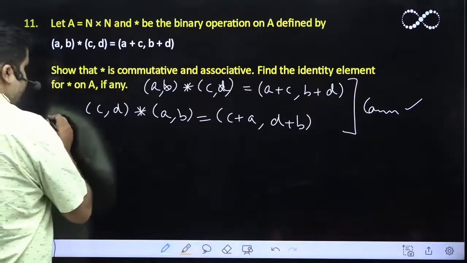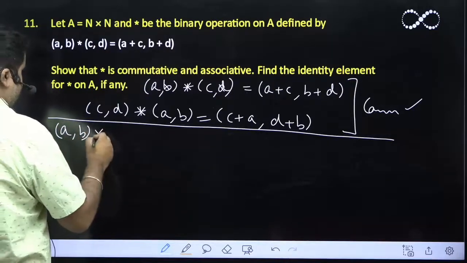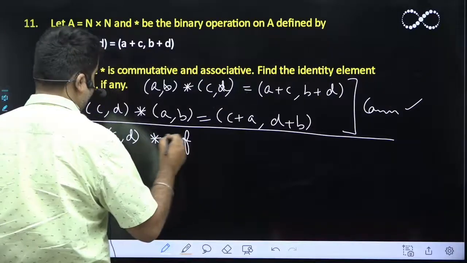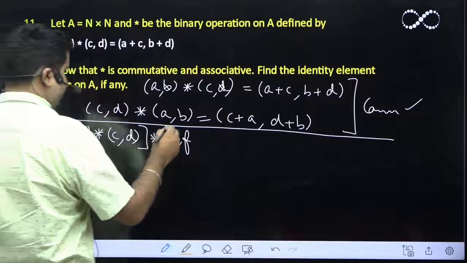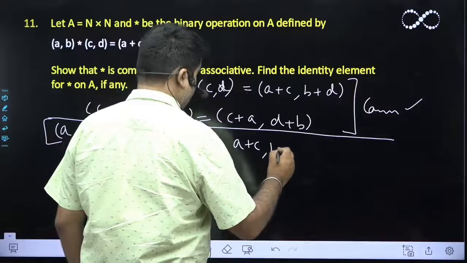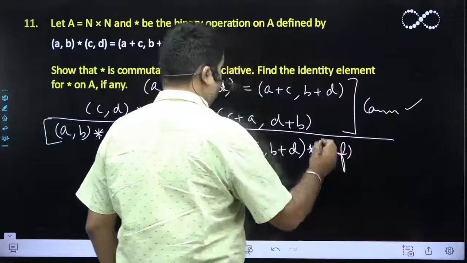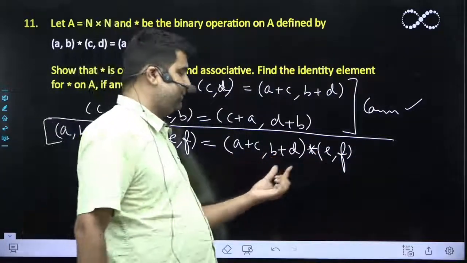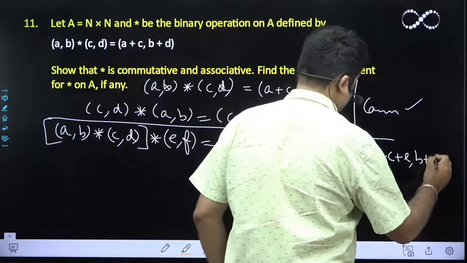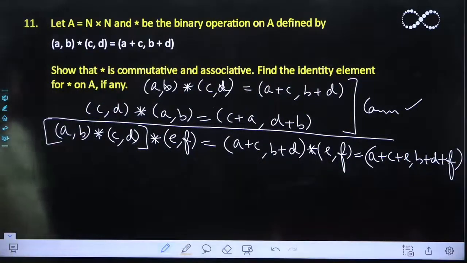Now let's consider 3 ordered pairs. AB star CD star EF. First we'll start with these two. This gives you A plus C, B plus D star EF. What does this give you? This gives you A plus C plus E and B plus D plus F. So this is what we get from the first case.